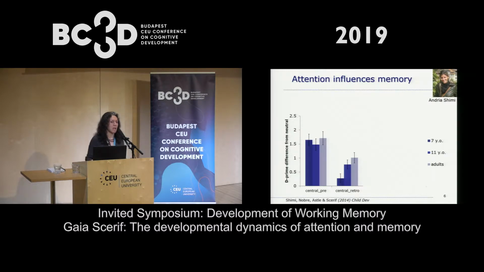What they're not as good at is drawing benefits from cues that orient their attention during their maintenance period. And that was an initial finding that Andrea replicated multiple times, and that she became very intrigued in understanding better.